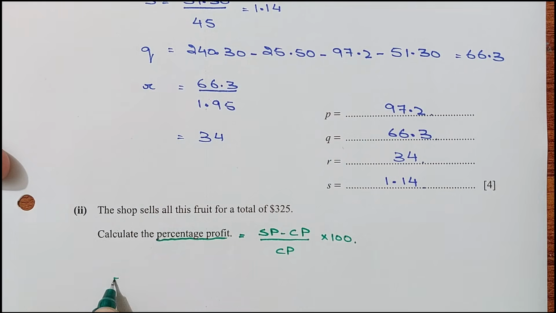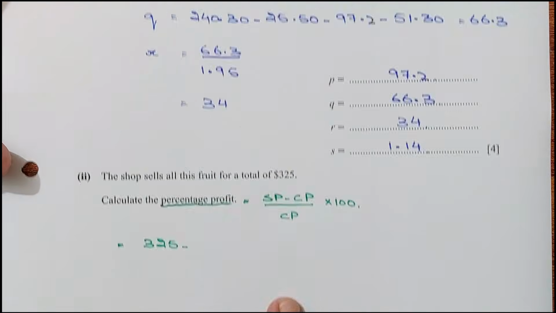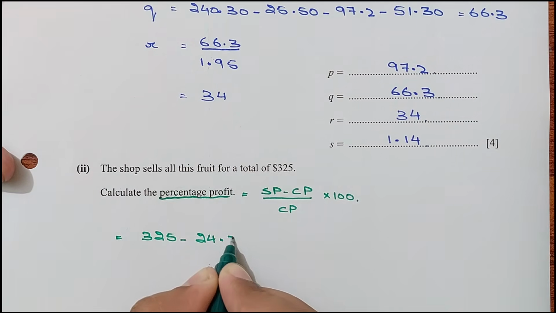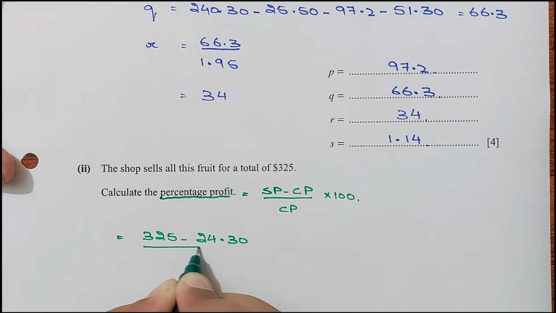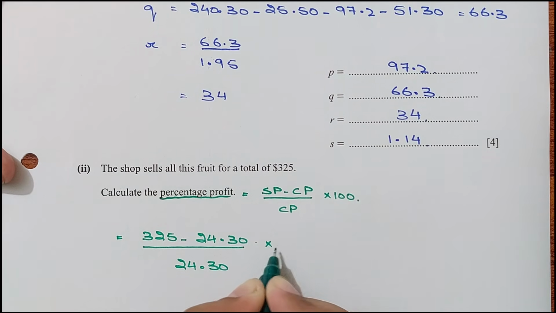The sale price is 325 minus the cost price of all the fruits, 240.30, divided by the cost price, 240.30, and multiplied by 100.